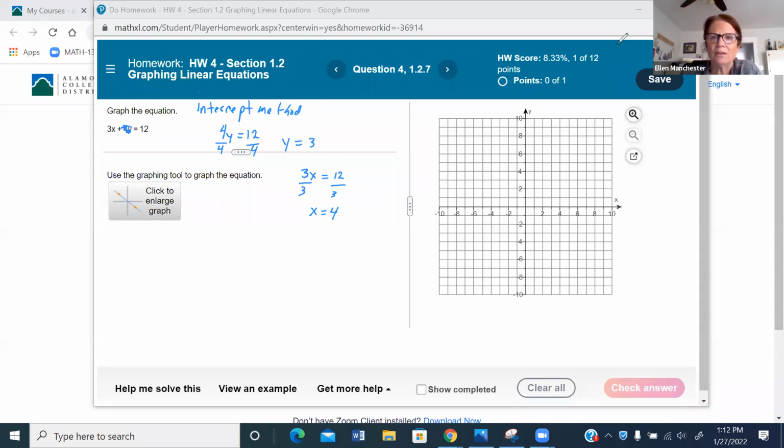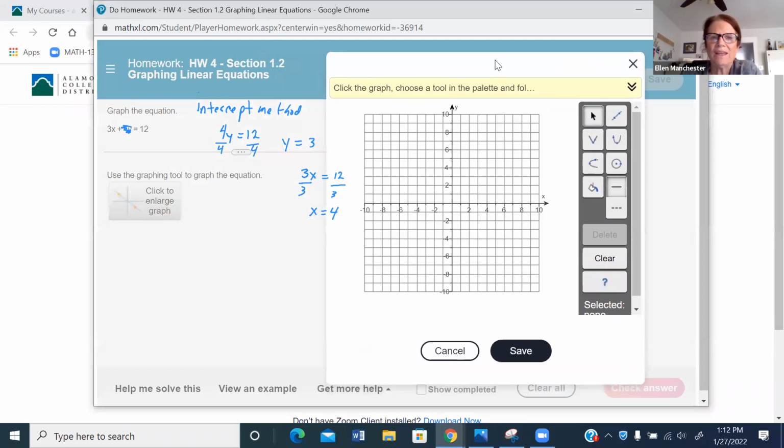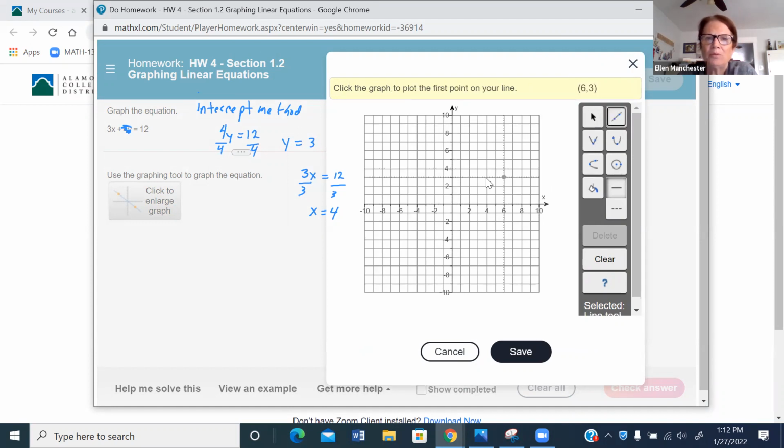And let's see if I can graph this. Oh, I can move it. Okay, so again, y-intercept is 3, x-intercept is 4. I pick my tool up, I put a point at the y-intercept of 0, 3 and click. Then I put a point, and notice up in the yellow, notice the ordered pair.